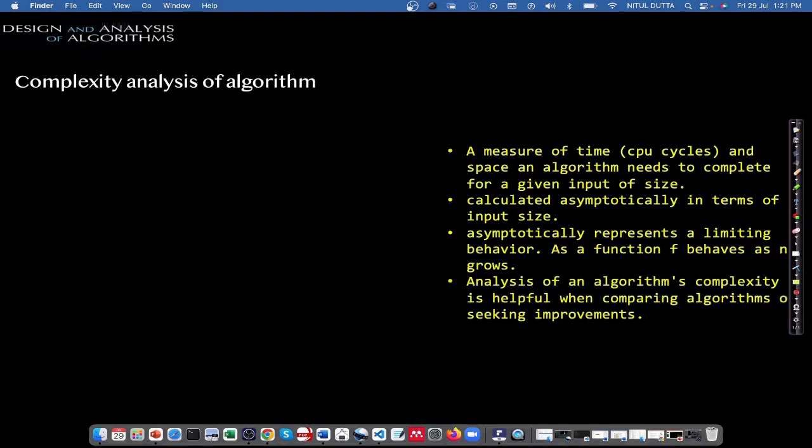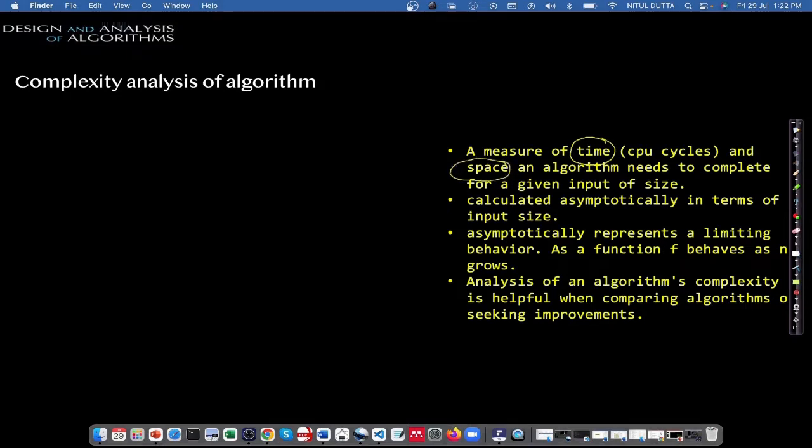Basically, the complexity of an algorithm gives a measure of the time and the space required to complete the algorithm for a given input size. And while analyzing the complexity of the algorithm, we take into account two things: one is the time, another is the space.